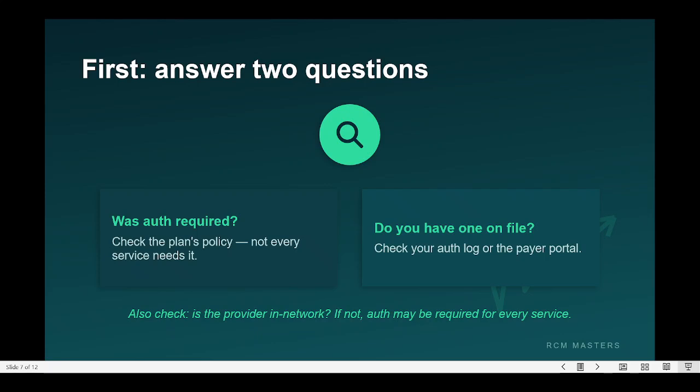And one more quick check. Confirm whether the provider is in network with this plan. Because if they are out of network, the payer may require authorization for every service, even the office visit. The answers will tell you which path to take.